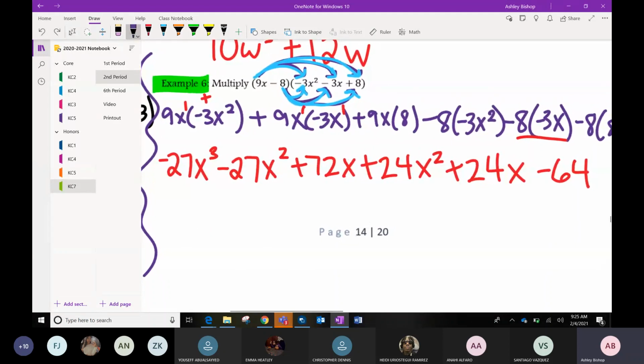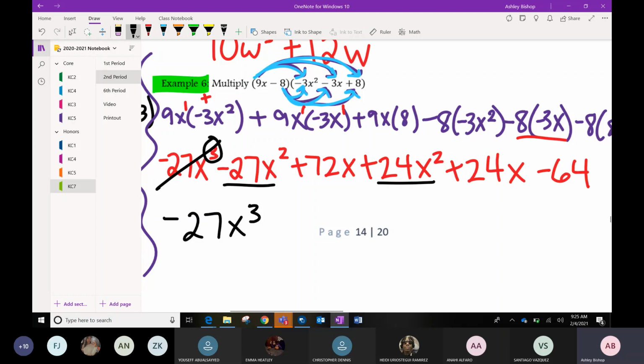Usually your first term won't clean up. So I'm going to search this thing. It doesn't look like there's anything I can compare the x to the third with because there's nothing else with x to the third power. So if nothing cleans up with it, you just bring it back down. So -27x to the third power. That didn't clean up with anything, so I'm just going to cross it out. Negative 27x squared has a like term with 24x squared because they both are x squared.